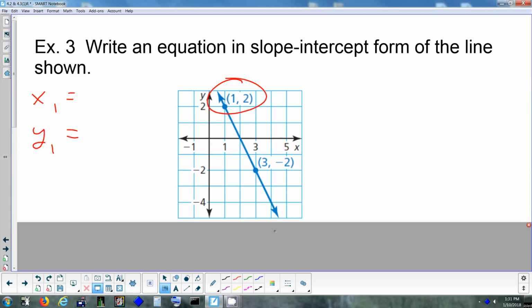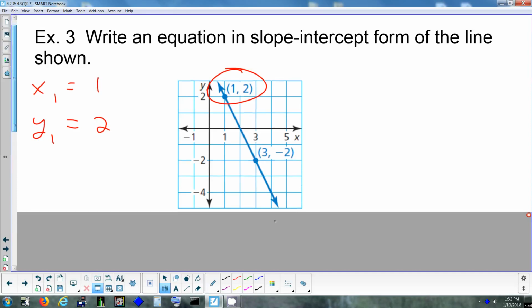X1. Noah, what about the 2? The Y value. The Y value. Now, we have a coordinate, but what are we missing?